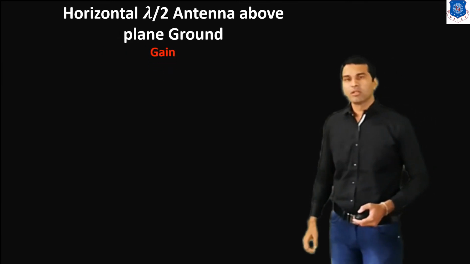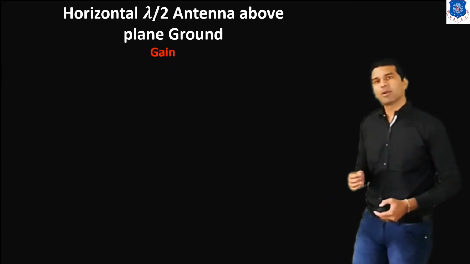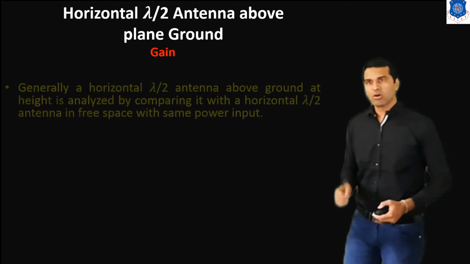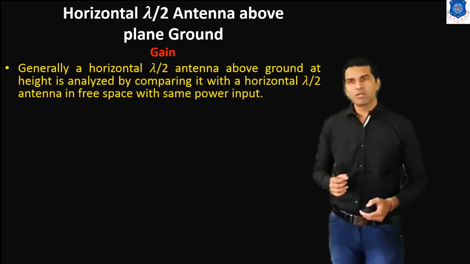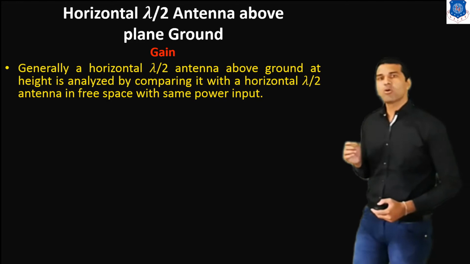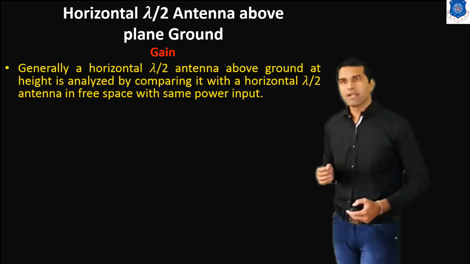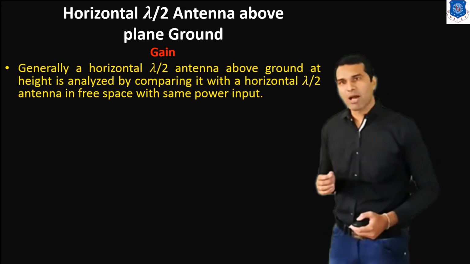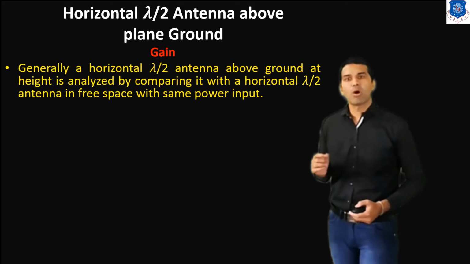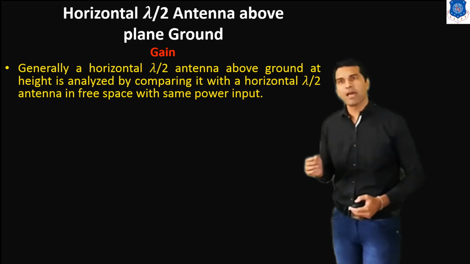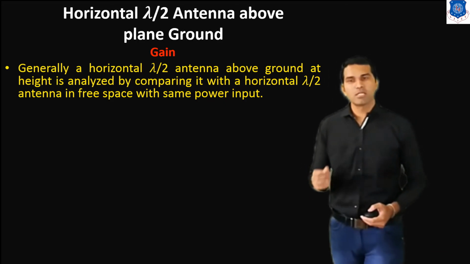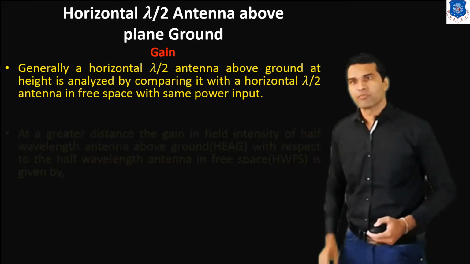Now the gain of the horizontal lambda by 2 antenna. Generally the horizontal lambda by 2 antenna above ground at height h is analyzed by comparing it with the horizontal lambda by 2 antenna in free space with the same power input.